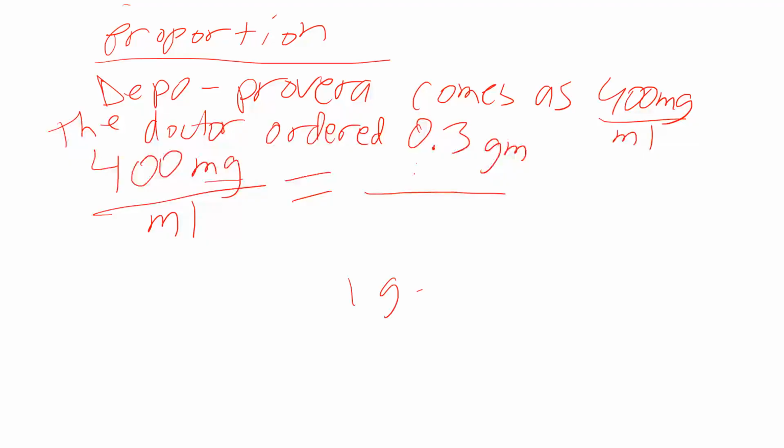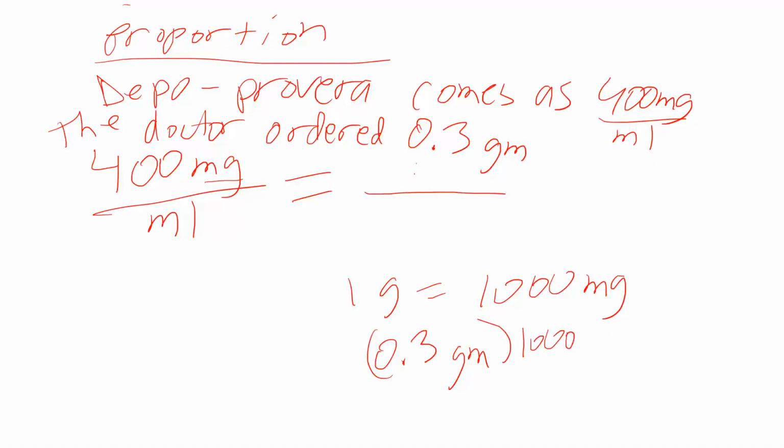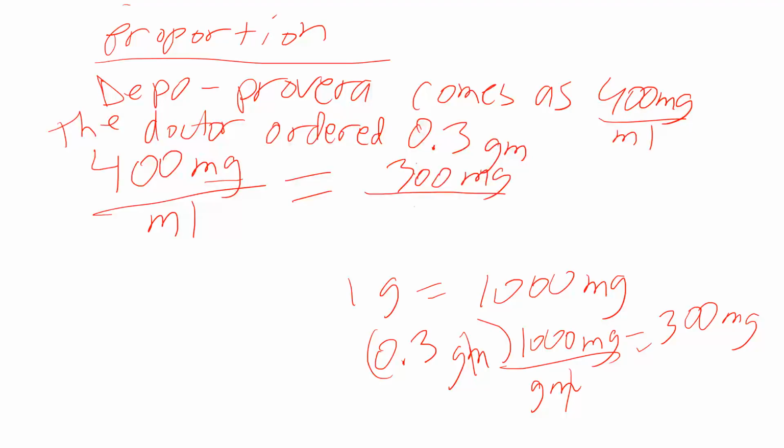We know that 1 gram is 1,000 milligrams. So if we multiply 0.3 grams by 1,000 milligrams per gram, you cancel these two and get 300 milligrams. So that means 400 milligrams per mil equals 300 milligrams over x.